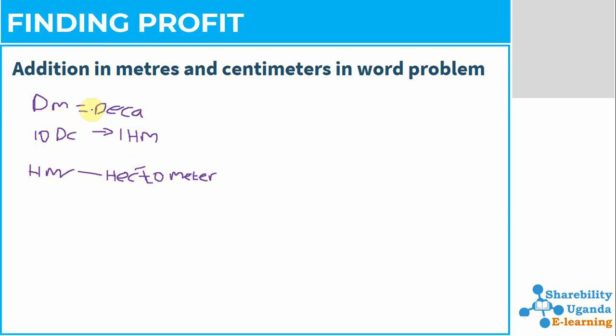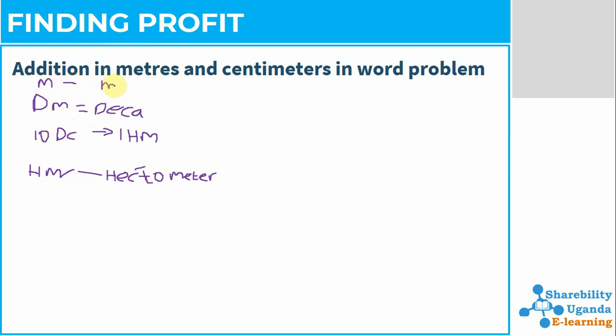So we are saying dam means decameter. From a meter we come to a decameter. So that means here when you have a meter, then we come to a decameter, which is dam.